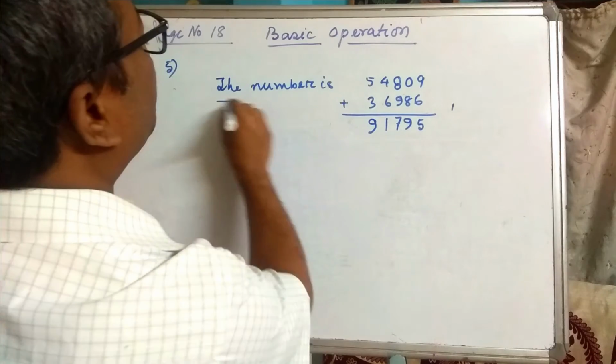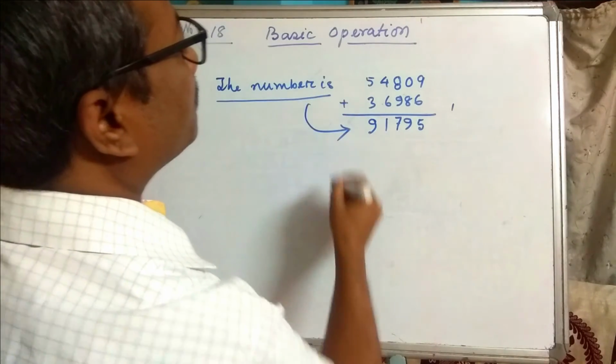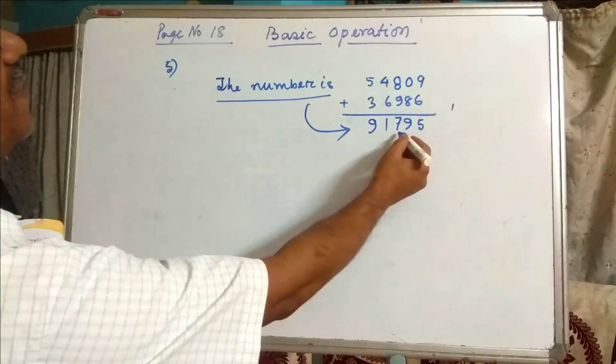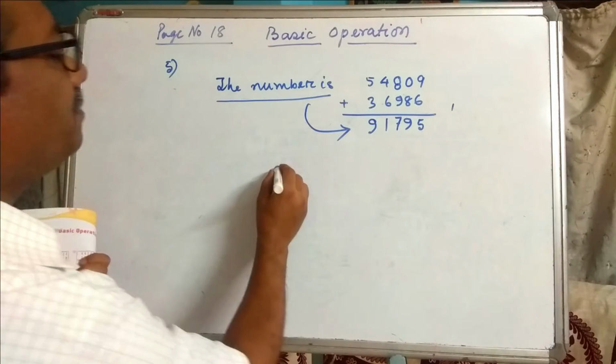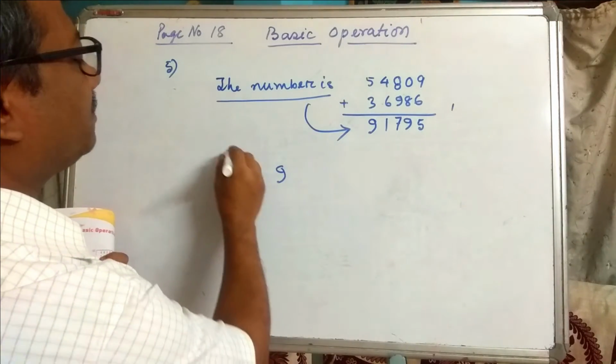So the number is 91,795. Now from this number, check it.